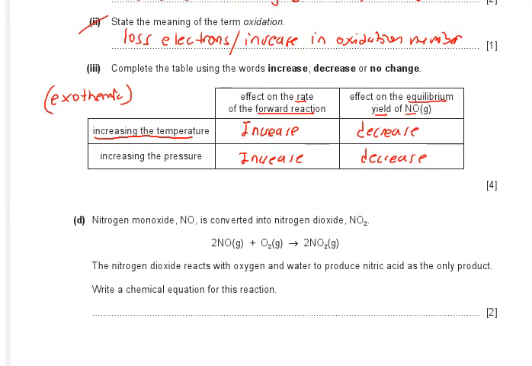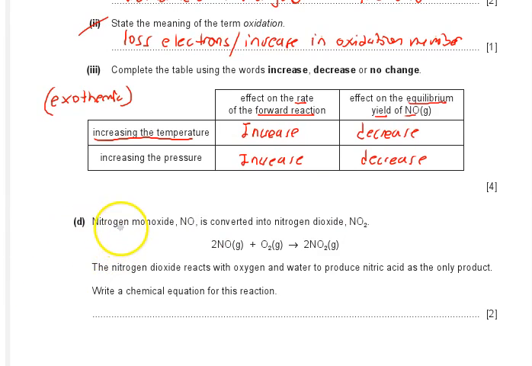Now when we look at D here, nitrogen monoxide is converted into nitrogen dioxide. Nitrogen dioxide reacts with oxygen and water to produce nitric acid as the only product.